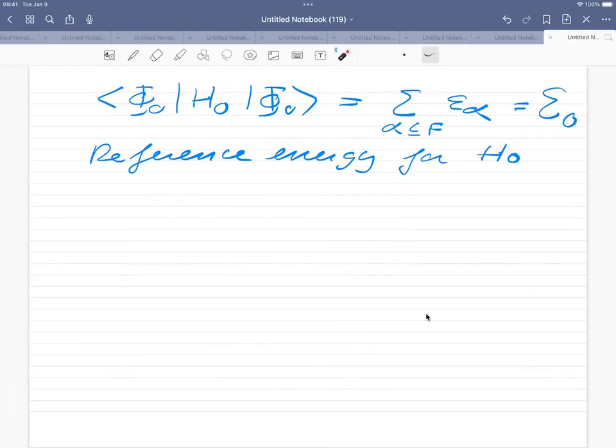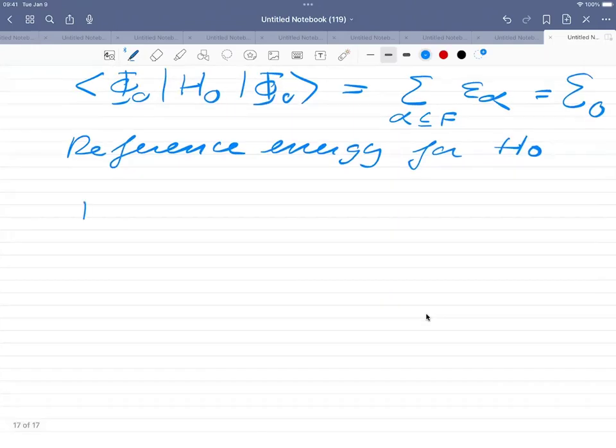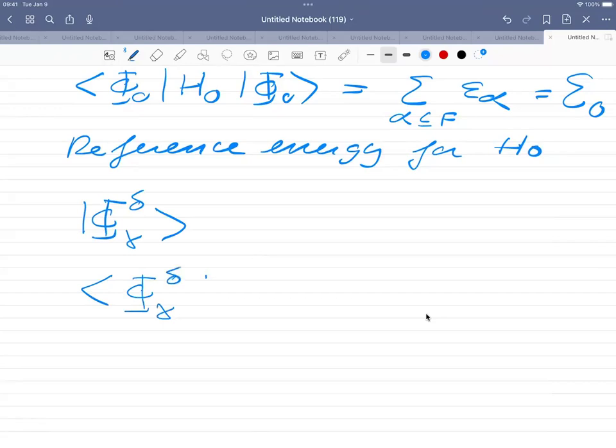So let's look at a state which we call phi. So this is a one particle, one hole state of phi of gamma of delta. And now I want to calculate the expectation value where I go from that state back to the same state of H0.